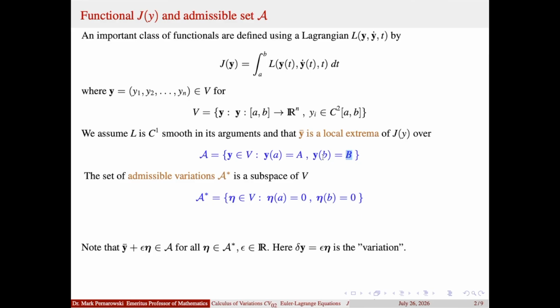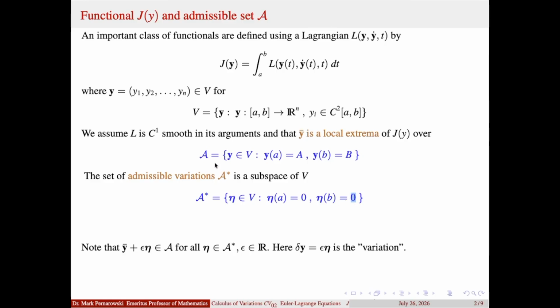At t equal to b, y is equal to the vector b. As such, the admissible variation space, A star, is a subspace of V. And the subspace is, as it's defined here, where at the endpoints, eta, which is a vector-valued function, is equal to 0 at the left endpoint, and at the right endpoint it's 0 as well.